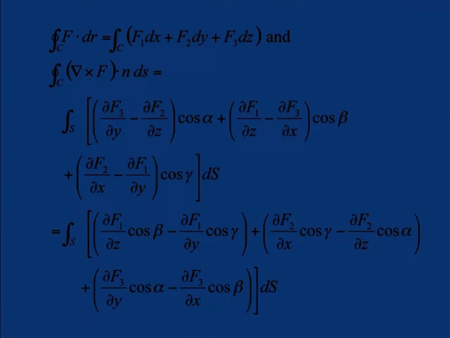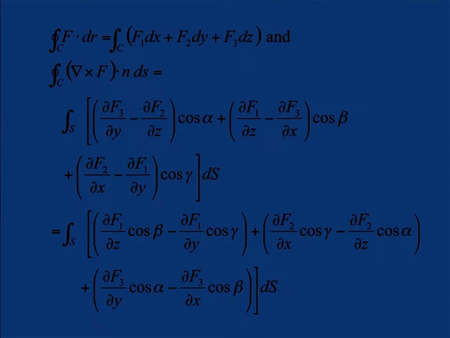This surface integral becomes the integration over the surface S of del f1 over del z cos beta minus del f1 over del y cos gamma plus del f2 over del x cos gamma minus del f2 over del z cos alpha plus del f3 over del y cos alpha minus del f3 over del x cos beta.